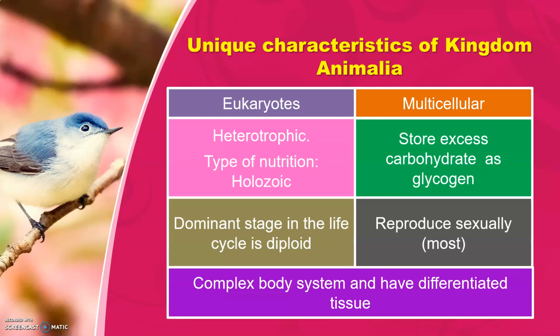They reproduce mostly sexually. In some cases they do reproduce asexually. The body systems are very complex with highly differentiated tissues which are a lot advanced compared to other kingdoms.